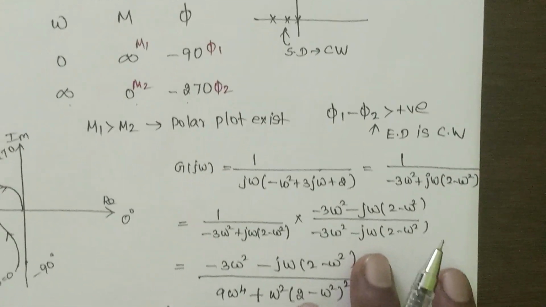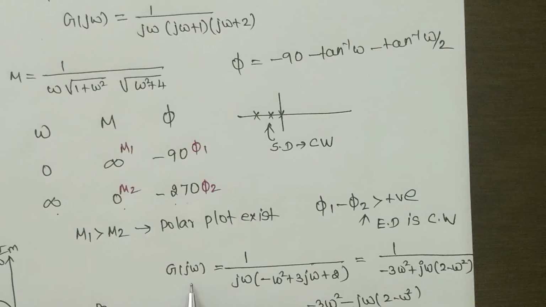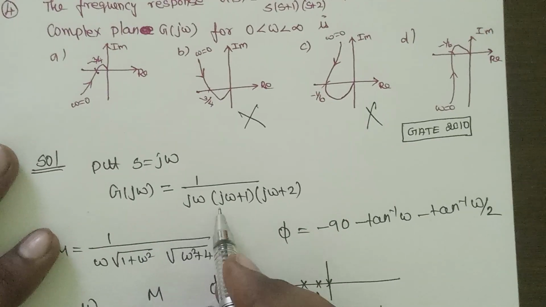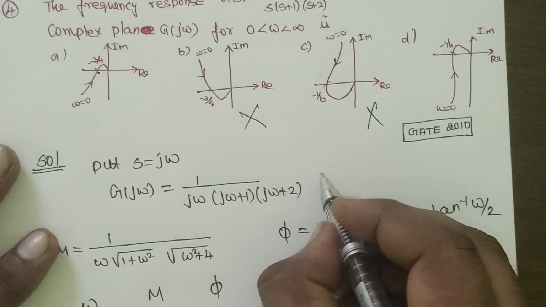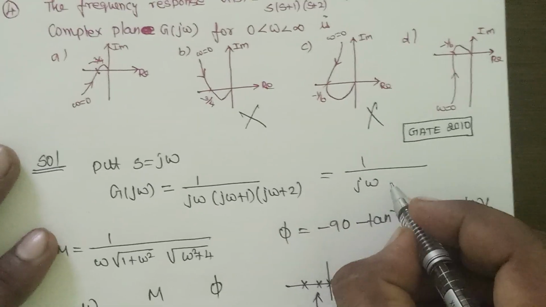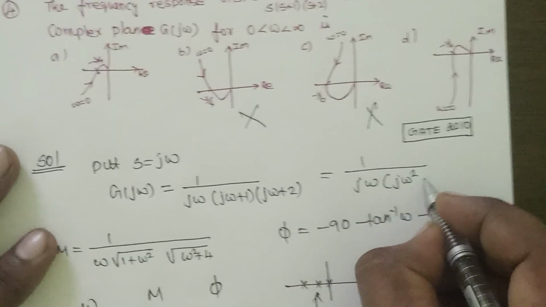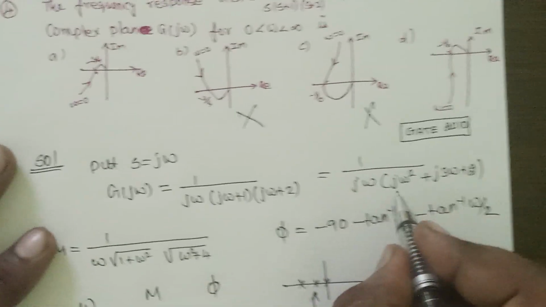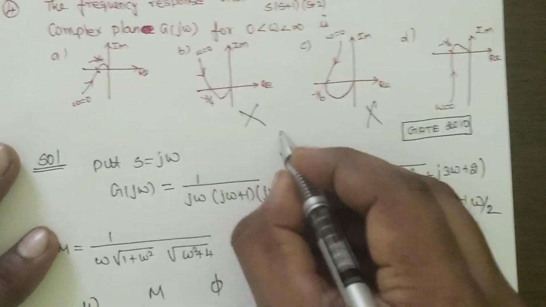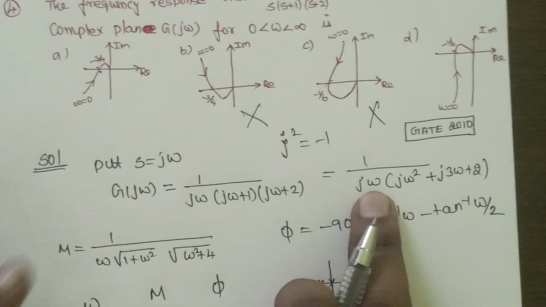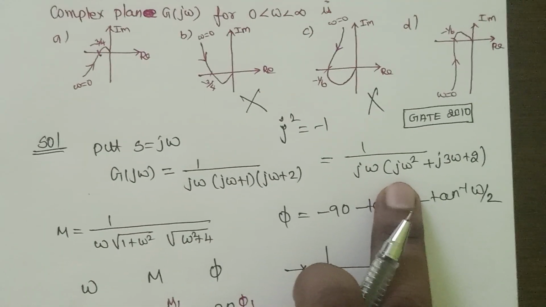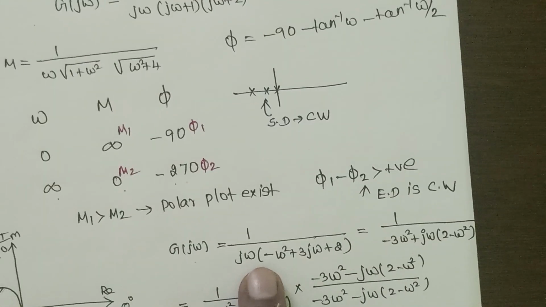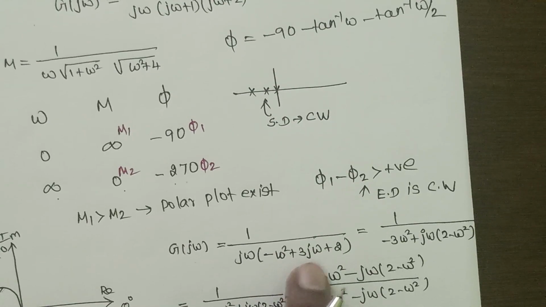From the given transfer function we can find G of j omega, which is 1 by j omega into this term. Multiplying these two terms, we get 1 by j omega into minus omega squared plus j 3 omega plus 2, since j squared is minus 1.